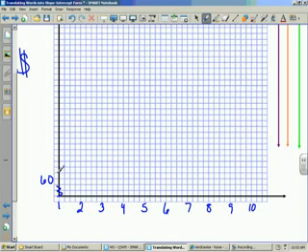So if we start here at 60, let's count by 40s. See how that works out.